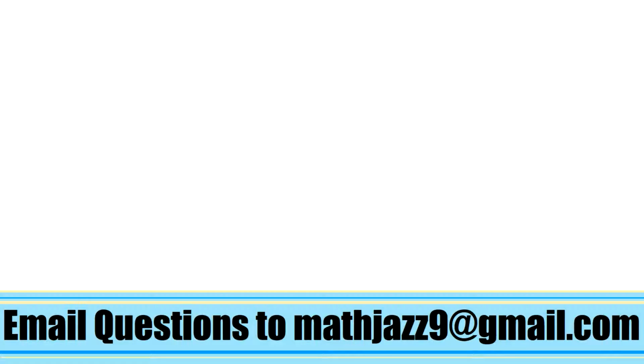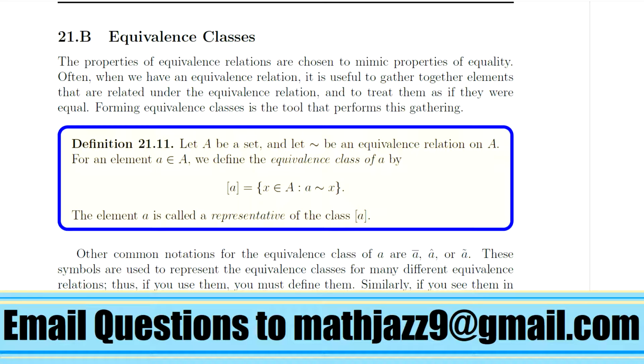It says that if A is a set and tilde is an equivalence relation, then we can define some subsets of A. Okay, so we can define these sets. We label them with these square braces here, and they're going to be the set of all things that are related to A.